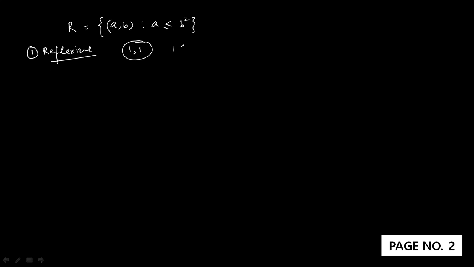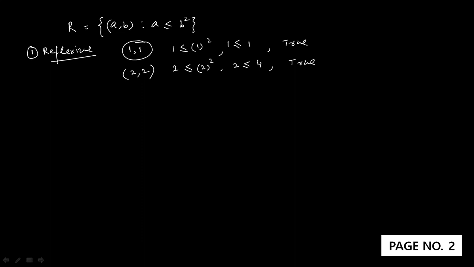It means 1 is less than or equal to 1 square, which means 1 is less than or equal to 1. The statement is true. Suppose I am talking about 2 less than or equal to 2 square, 2 less than or equal to 4. Again the statement is true. Now, in first attempt, it looks like the relation is reflexive.